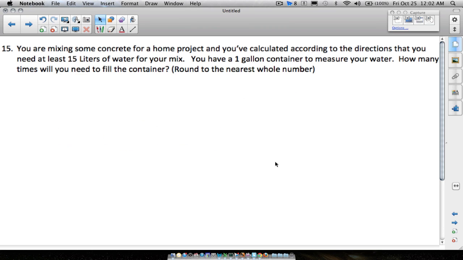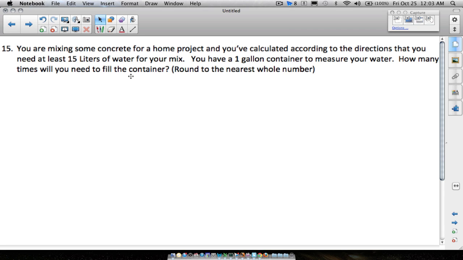Last but not least, if you made it this far, bravo. You're mixing some concrete for a home project and you've calculated according to the directions that you need at least 15 liters of water for your mix. If you've ever tried to mix concrete, you get this sandy, rocky mixture from Lowe's or Home Depot.